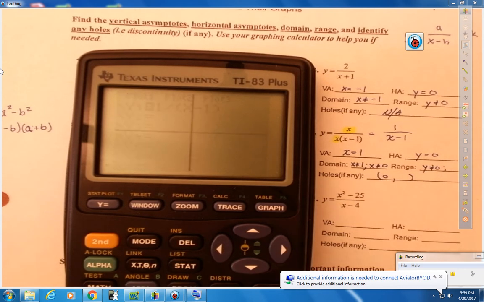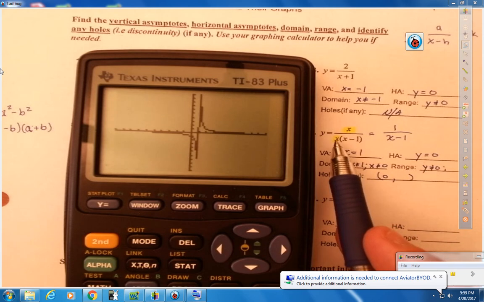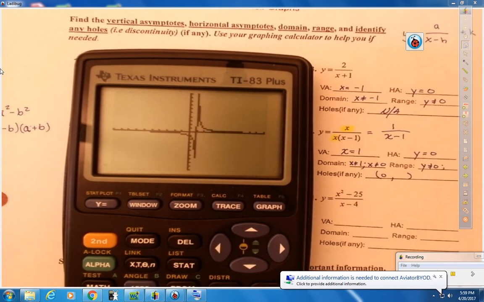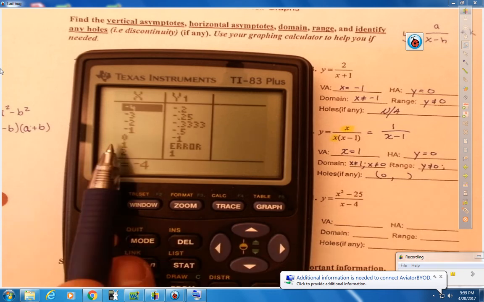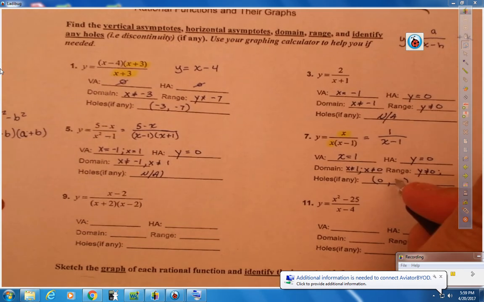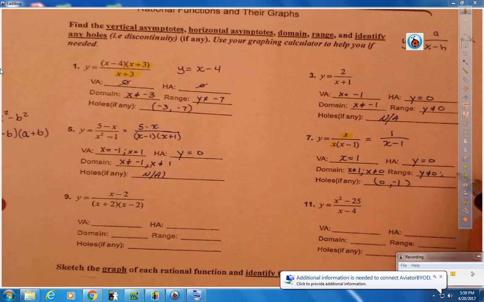If I graph that, this is exactly what this graph will look like. The only difference is it doesn't have the hole there. You can see the asymptote where the line's going up and down, but it doesn't have the hole. Okay? So the hole would be at 0. So if we go to our table, the value at 0 is -1. That's the value that y is not allowed to equal.